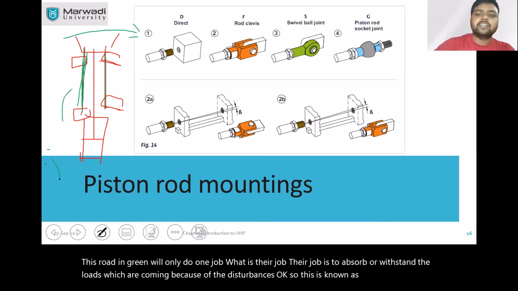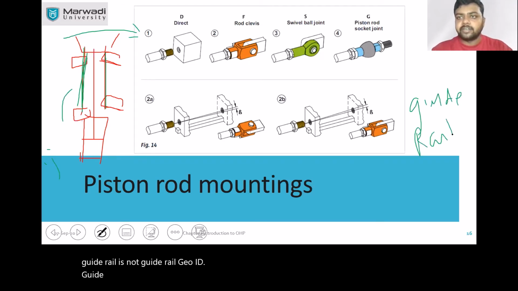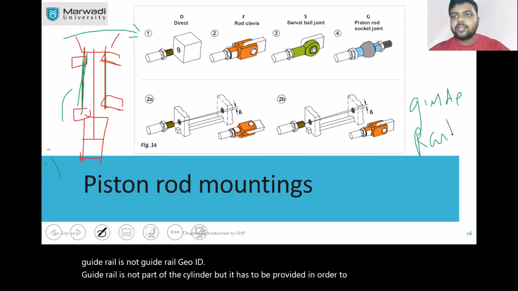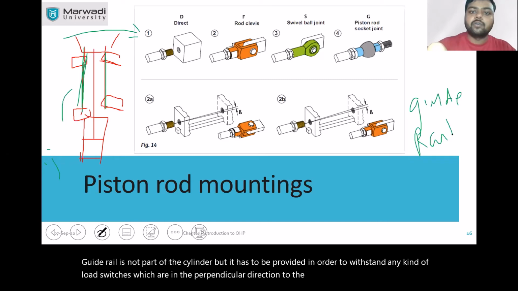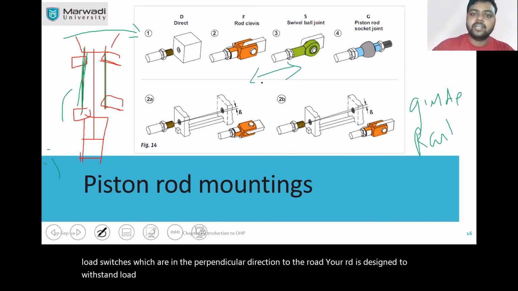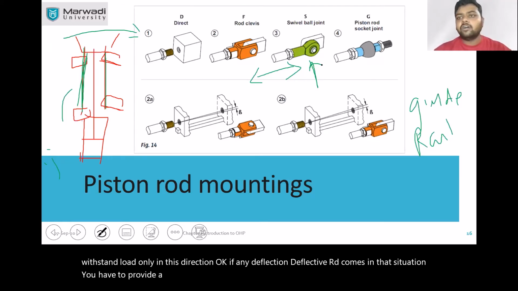The guide rail is not part of the cylinder, but it has to be provided in order to withstand any loads in the perpendicular direction to the rod. Your rod is designed to withstand load only in this direction. If any deflective load comes, you have to provide a guide rail. Otherwise your pneumatic cylinder will not survive for a long time.